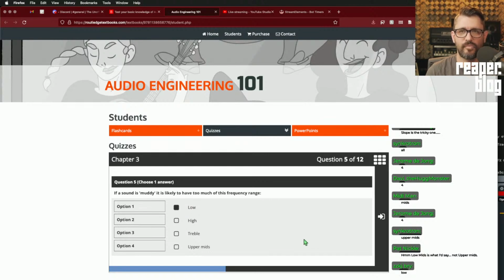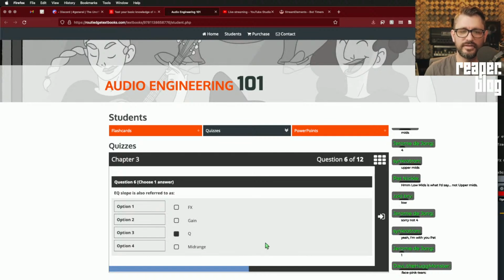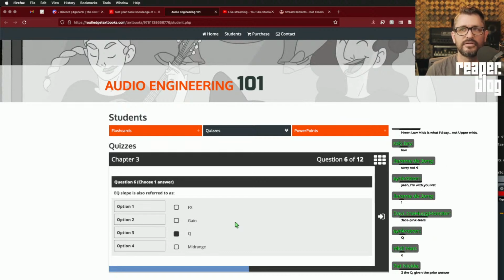So option 1. EQ slope is referred to as effects, gain, Q, or mid-range. All right, so I already kind of said this in the previous question. Slope isn't a common term. I might describe it, but it's not a term you would see on an EQ too often, if ever.